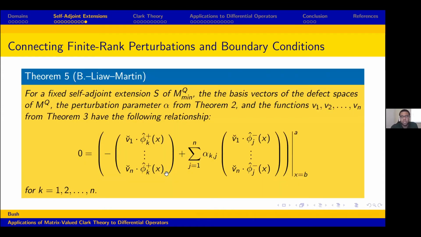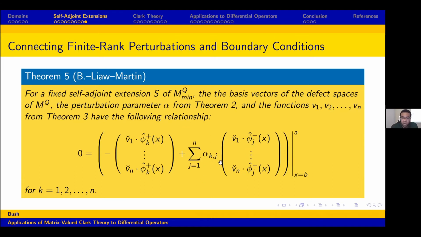And last but not least, kind of bring it all together for self-adjoint extensions. What is the connection between the finite rank perturbation description and the boundary condition description? And that is this expression here, where we have our defect functions, phi k, phi j.